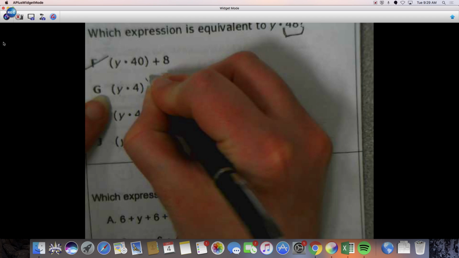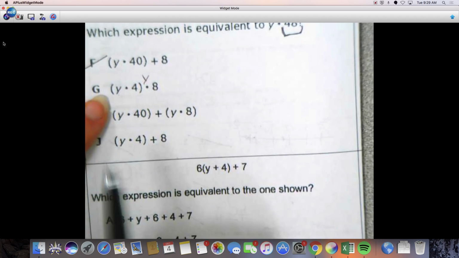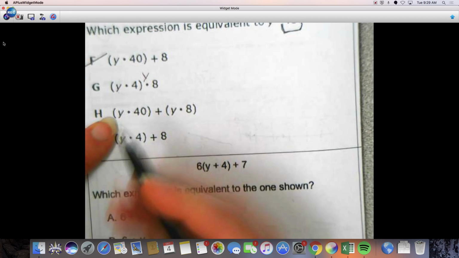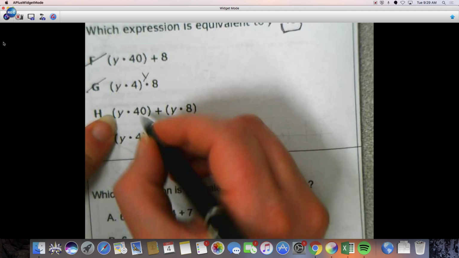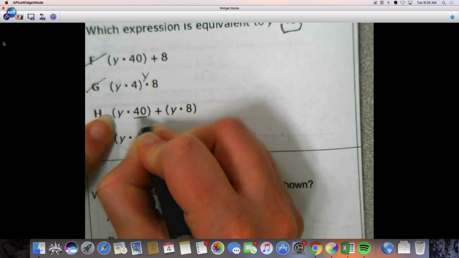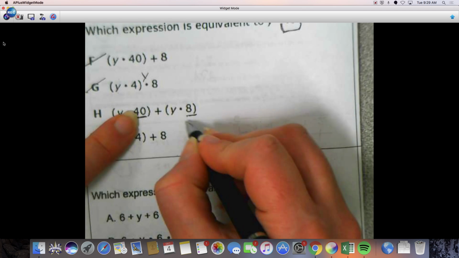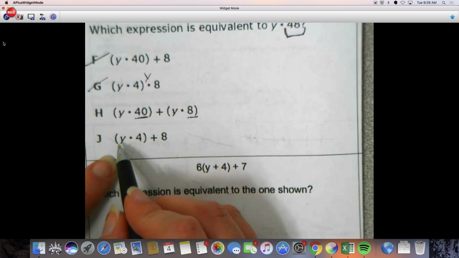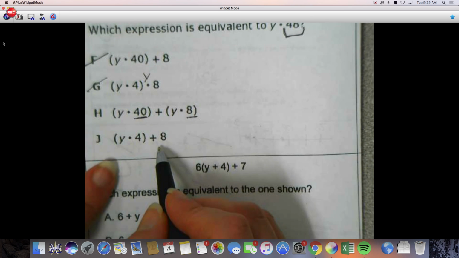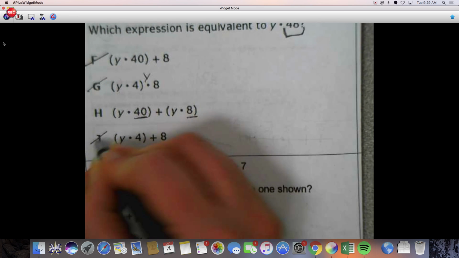Y times 8. H, y times 40 plus y times 8. Yes, because you're multiplying y times 40 and 8. And if you add 40 plus 8, you get 48, which matches your problem. J, y times 4 plus 8. No. That was the first one.